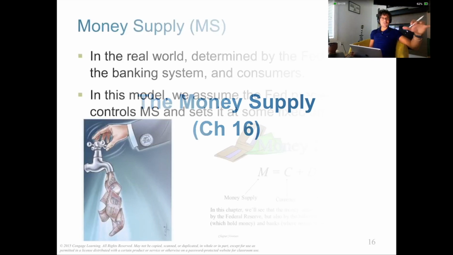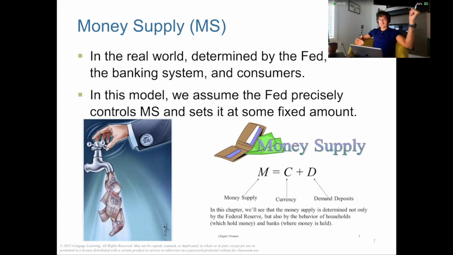Okay, here we just do a very brief recap, which is in the real world, the money supply, particularly in the United States, it's not on the entire world. In Europe we have a different central bank, but in the United States, the money supply is determined by the Federal Reserve.